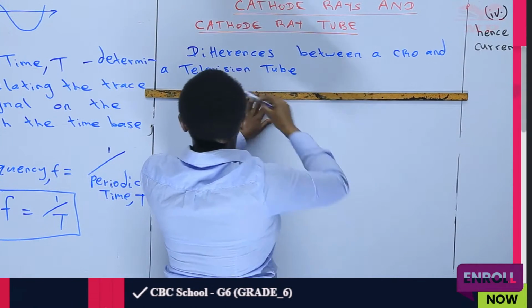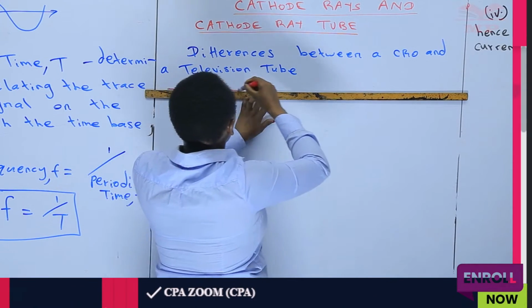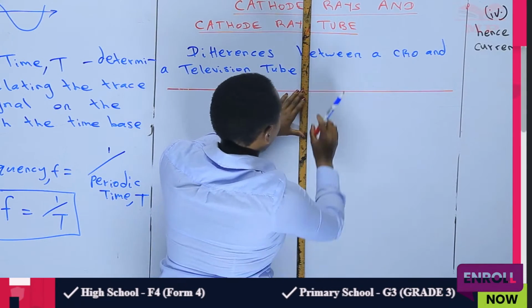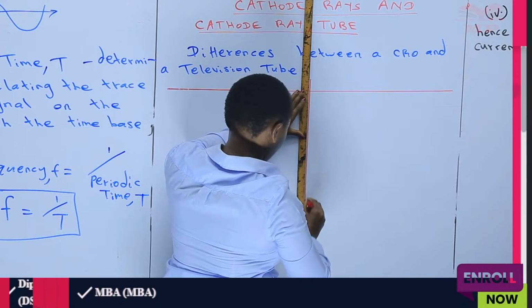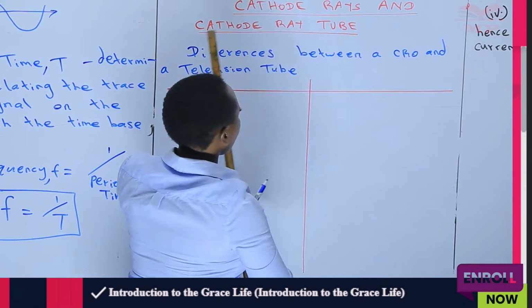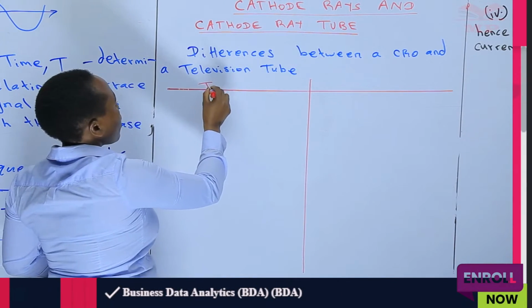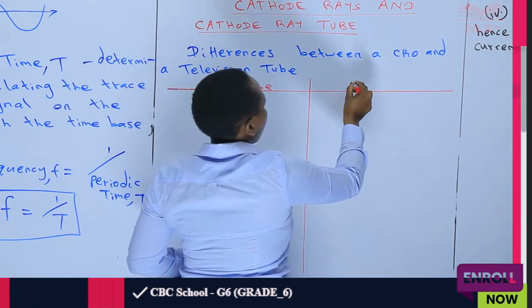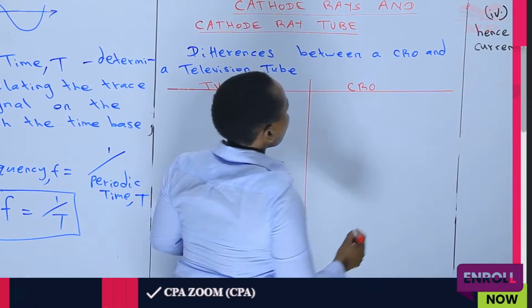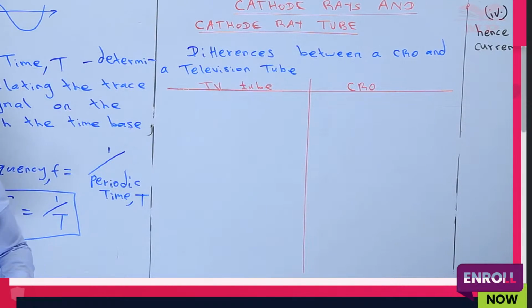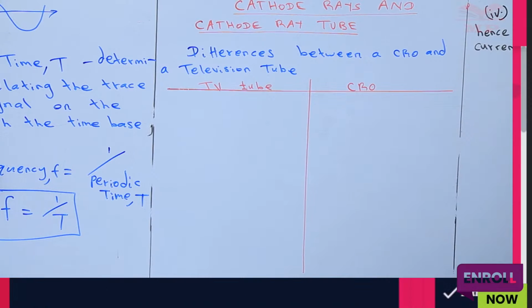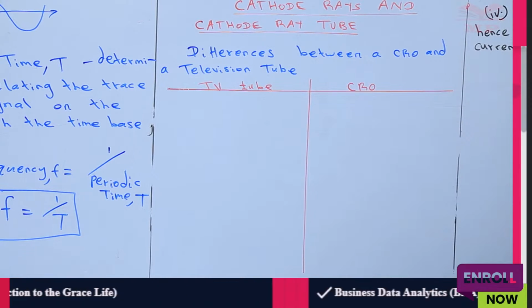So we can just have a table. On one side we can have the TV tube, and on the other side we have the CRO. So this is our TV tube, then on the other side, we have the CRO. So we want to see what are the differences between a cathode ray oscilloscope and a television tube.